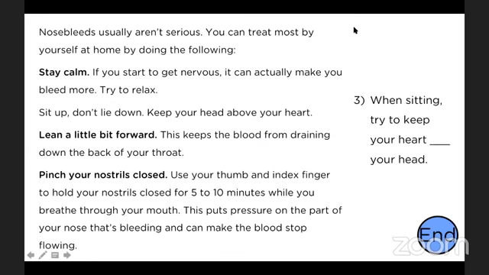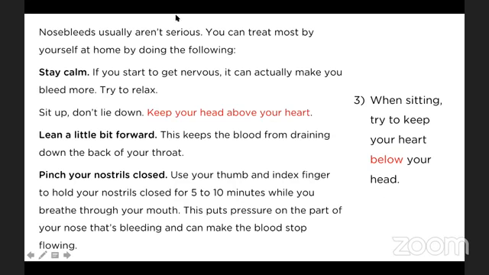How did you go? Good. Somebody wrote above head level, but that would be wrong because that would say try to keep your heart above head level your head. So that would be wrong. So we're looking for a single word here, below.